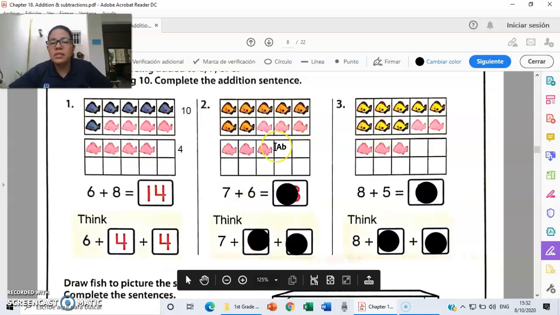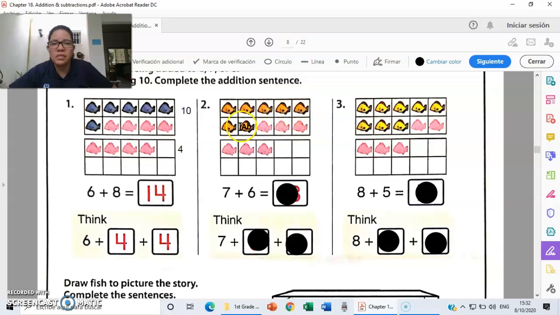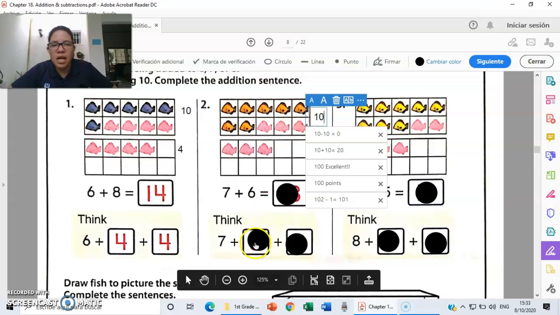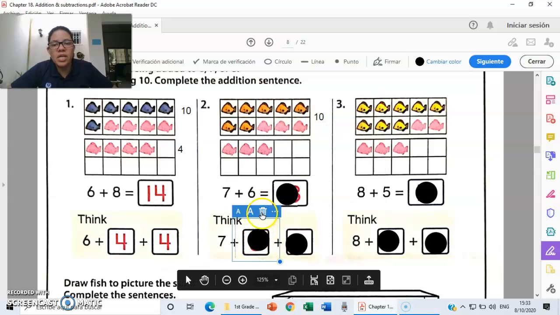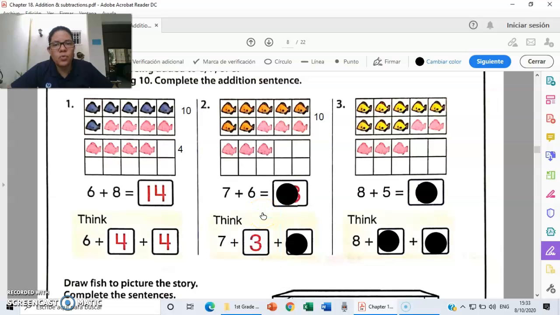7 plus 6, just the same. 1, 2, 3, 4, 5, 6, 7, green fishes, and then you add 6. 1, 2, 3, 4, 5, 6. Okay, so you start counting and you say you got 10, and you got 7 yellows and 3 pink ones.